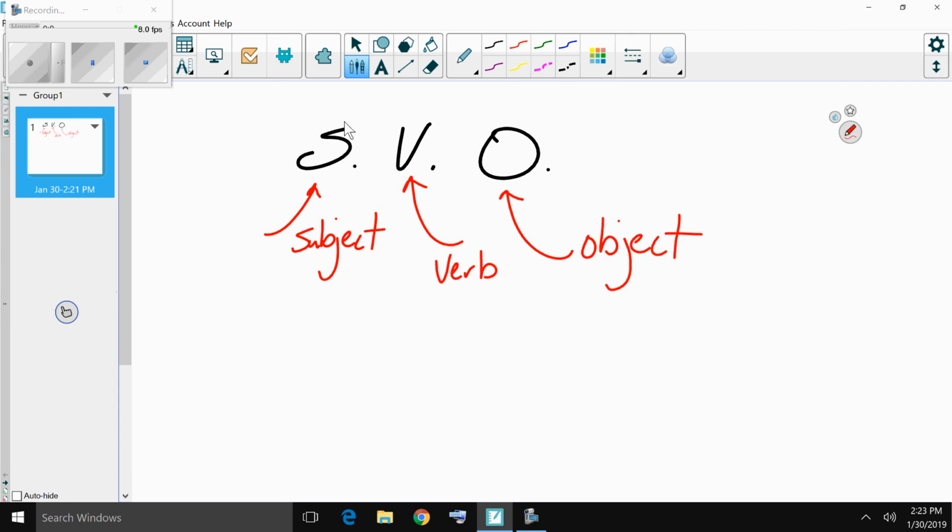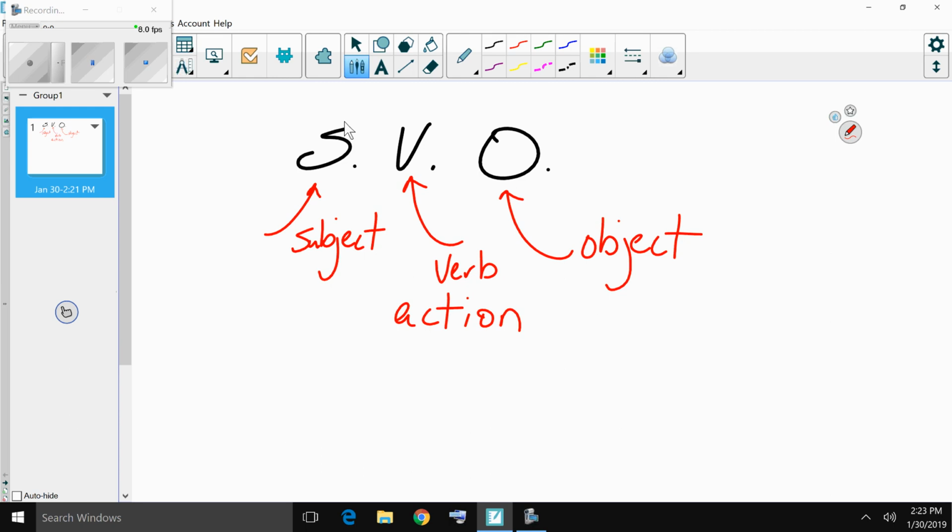Now, with regard to the verb, if you're going to have a sentence in this particular pattern, the verb itself has to be very, very specific. First of all, its function must be an action verb. And it has to be a specific type of action verb.